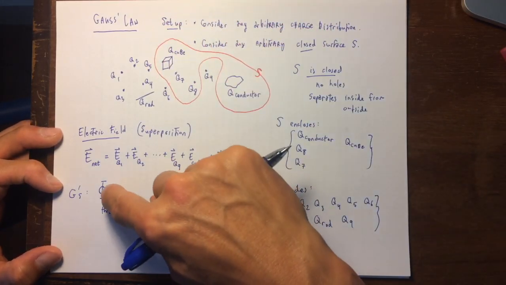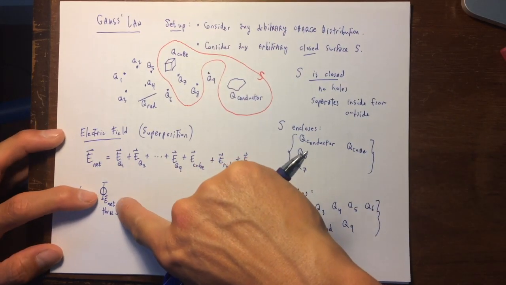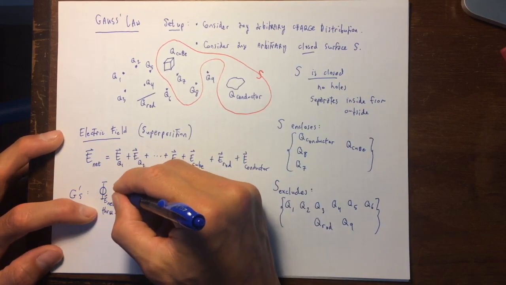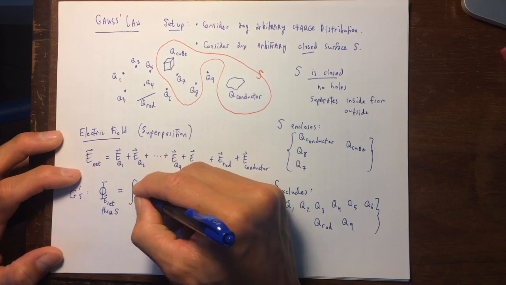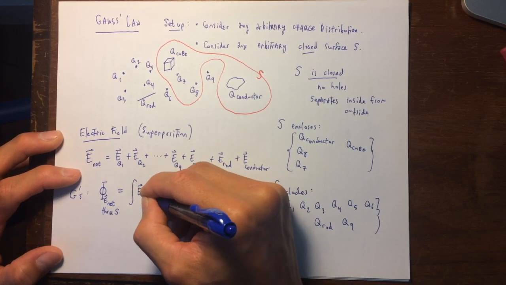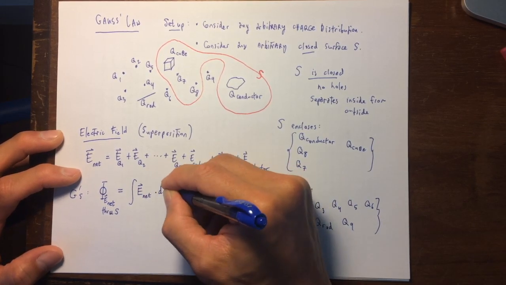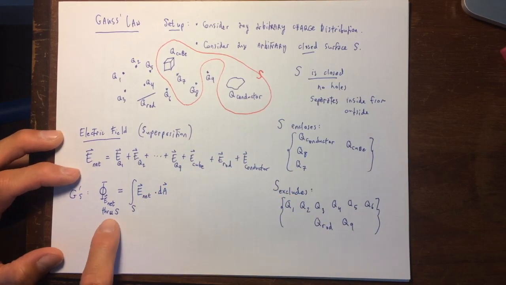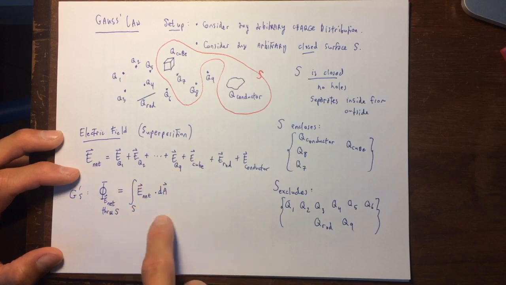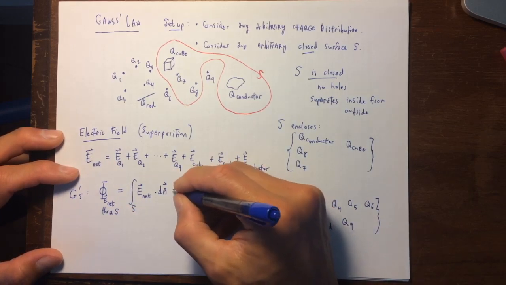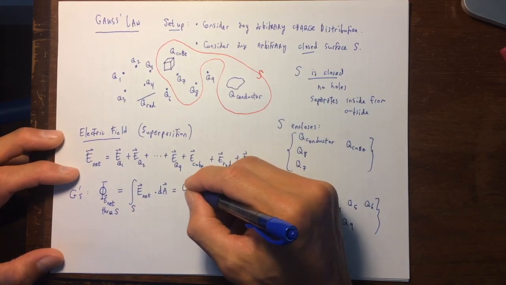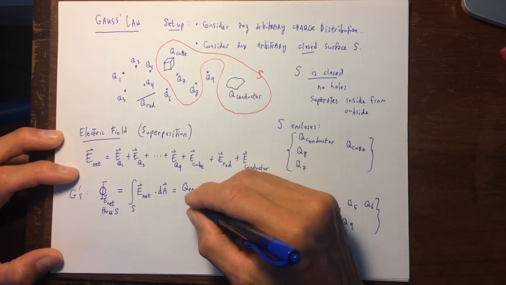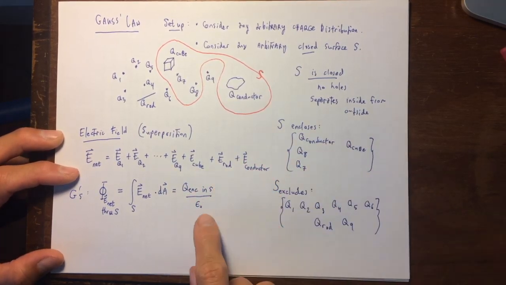So you calculate the electric field flux of this net electric field through the arbitrary surface S. You are guaranteed that when you go through the process of calculating this flux integration, you will only ever get the Q enclosed in S divided by epsilon naught.